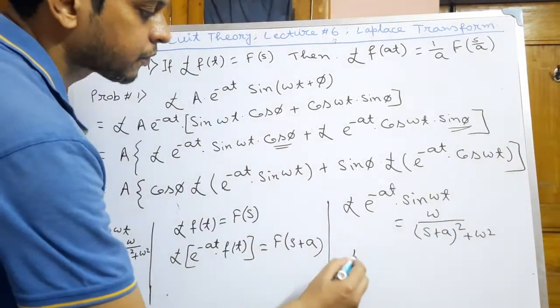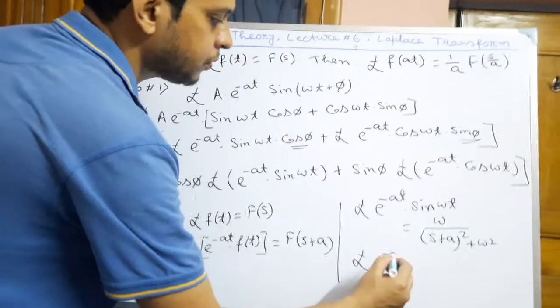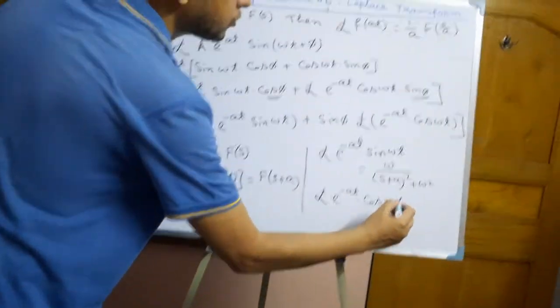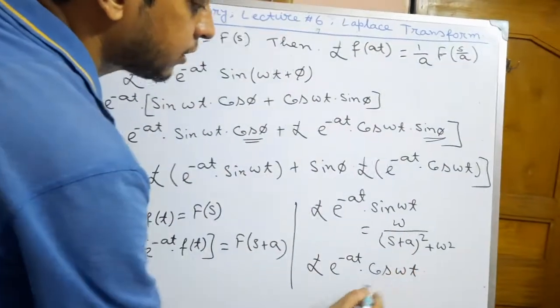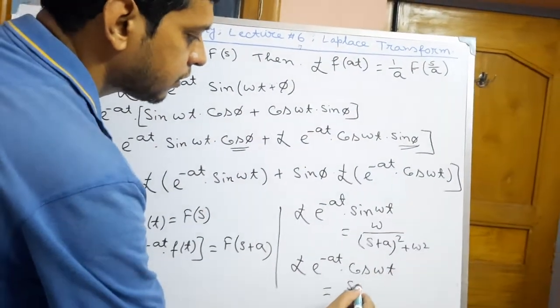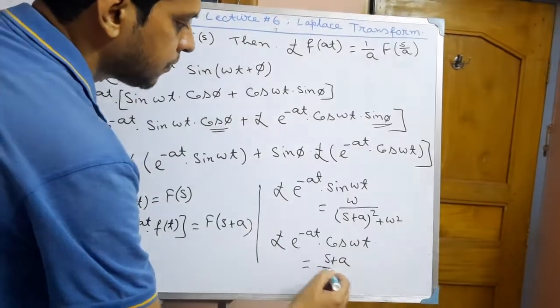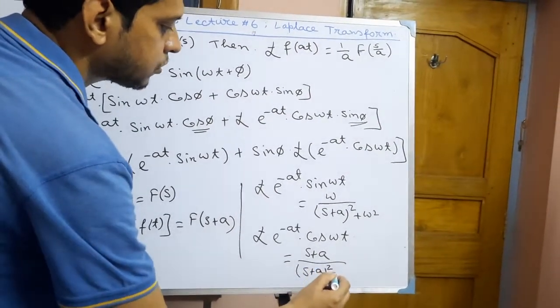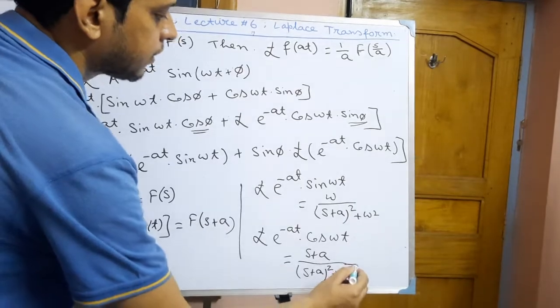Similarly, the Laplace transform of e to the power minus at cos omega t equal to what? This is (s plus a) by (s plus a) whole square plus omega square.